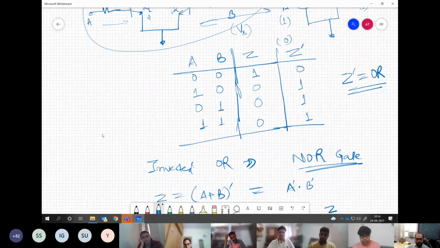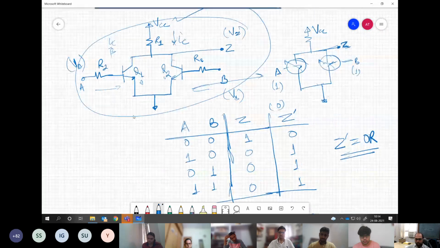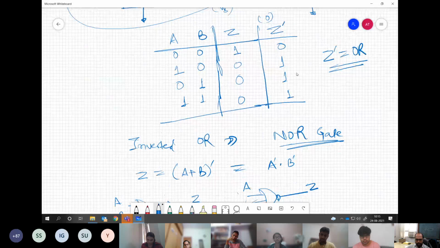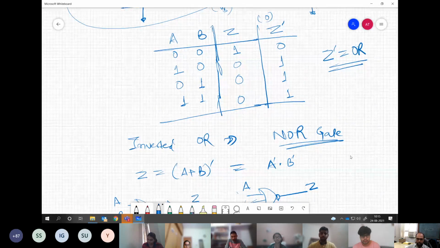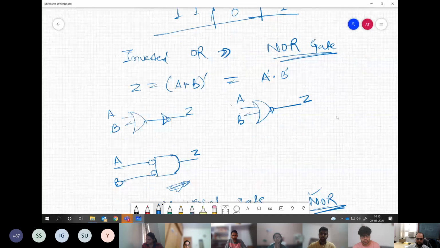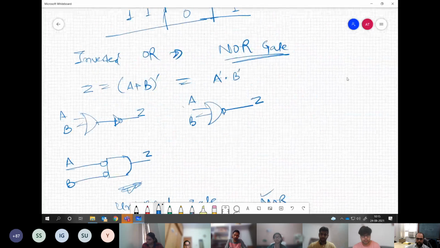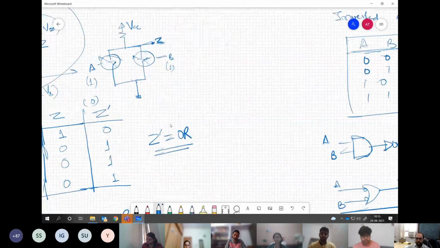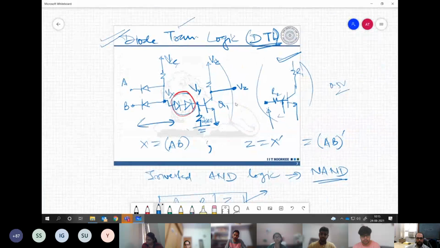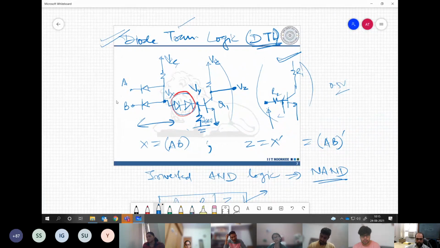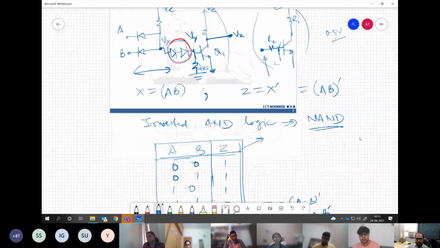So okay, this one was the inverted OR. So this was the NOR gate. So based on what output it is giving, we can say what configuration this is. So that was the NOR gate. Then we have seen the NAND gate configuration also. So something like this, using the DTL, diode transistor logic, we can configure this kind of gates.